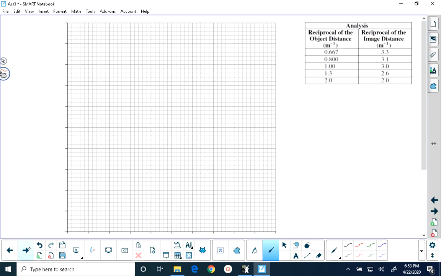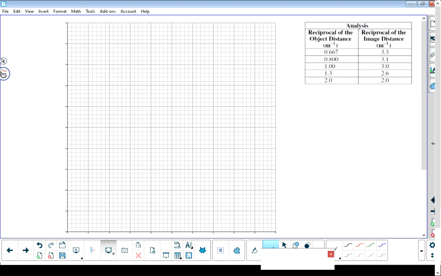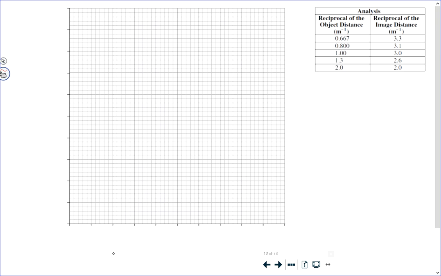So now let's walk through what the graph is going to look like. We've got our data up in the top right corner, and we've said that the first column in the data is the horizontal measurement on our graph, and it goes up to 2. And when we look at the vertical dimensions of our graph, which is the second column, we have a data point of y equals 3.3.